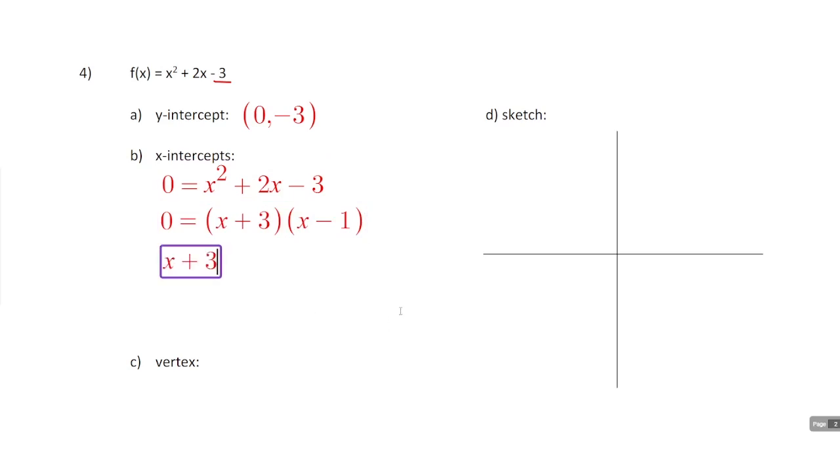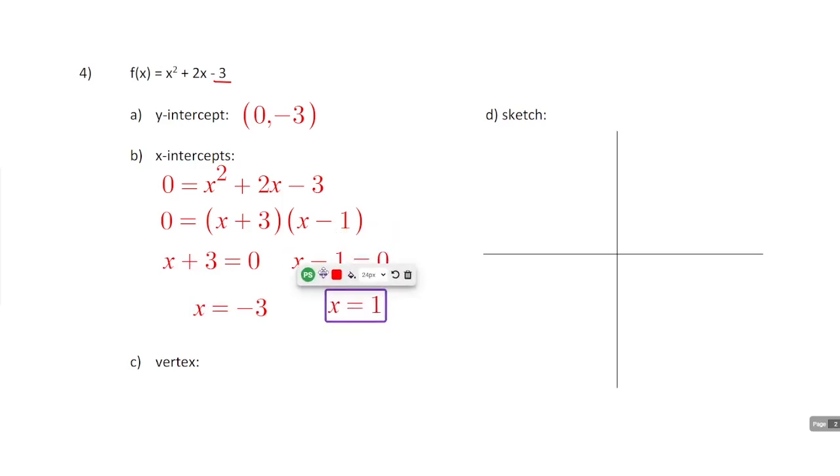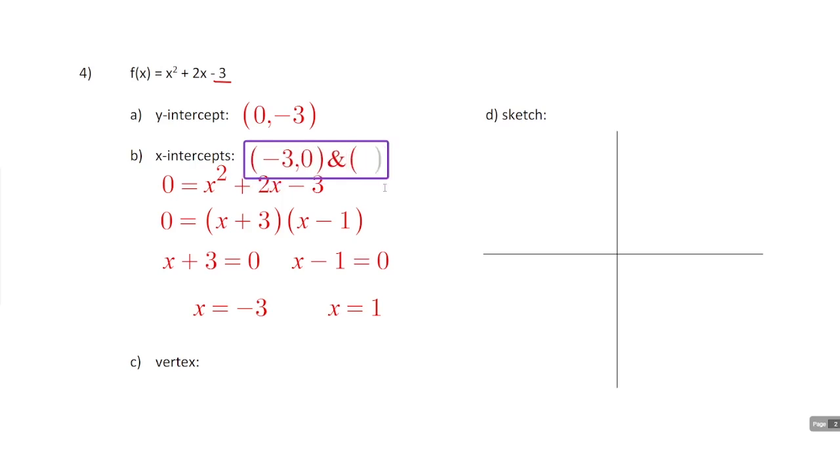So either x plus 3 equals 0 or x minus 1 equals 0. So our two x-intercepts are going to have x values at -3 and +1. I do like writing my x-intercepts as coordinates here, just to emphasize the fact that they are points and not lines. So (-3, 0) and (1, 0).